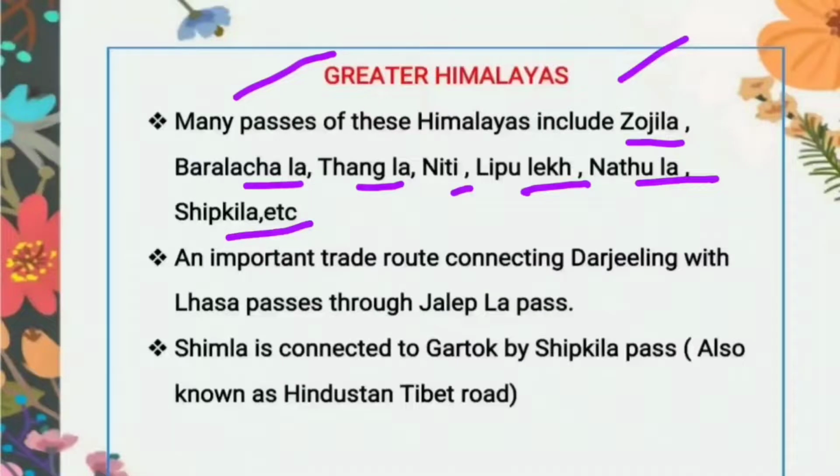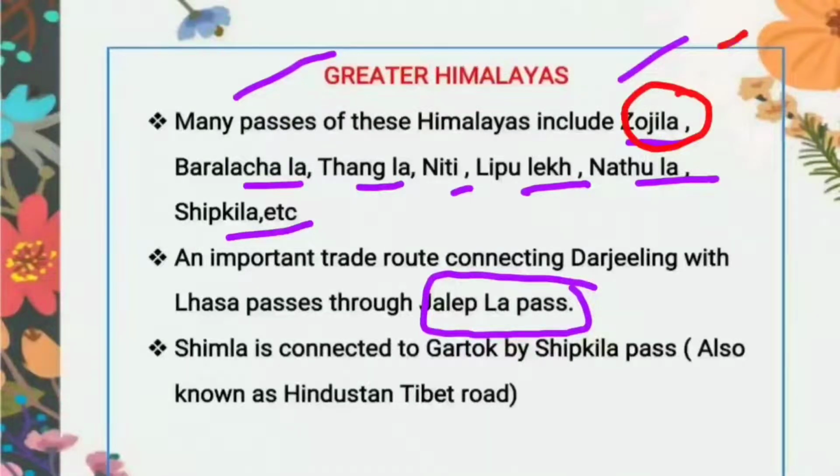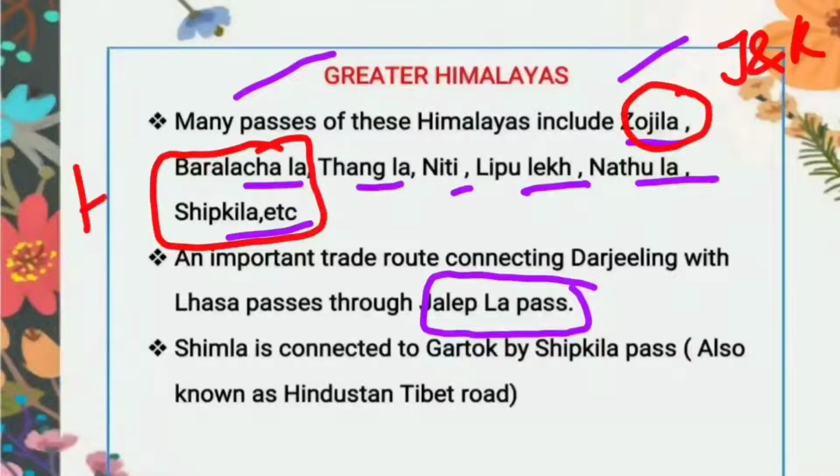There is an important trade route connecting Darjeeling with Lhasa, which passes through the Jelep La Pass. If we have to talk about the different passes, the Zojila Pass is of Jammu and Kashmir, and the Baralacha Pass and Shipkila Pass, these Baralacha and Shipkila are in the Himachal Pradesh region.